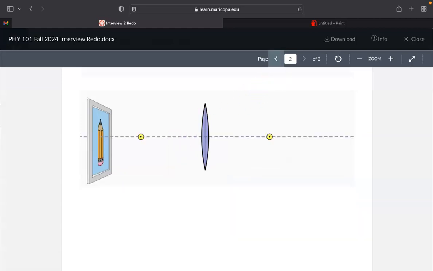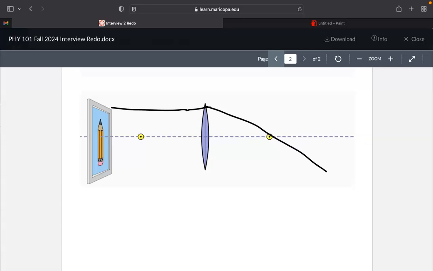So now we are going to do a little lens diagram. These right here are the focal points of the lens, so our lines will be going through these focal points. So if this is the top of the lens, then we are going to go this way, and then this beam of light is going to go down and through this focal point like so.